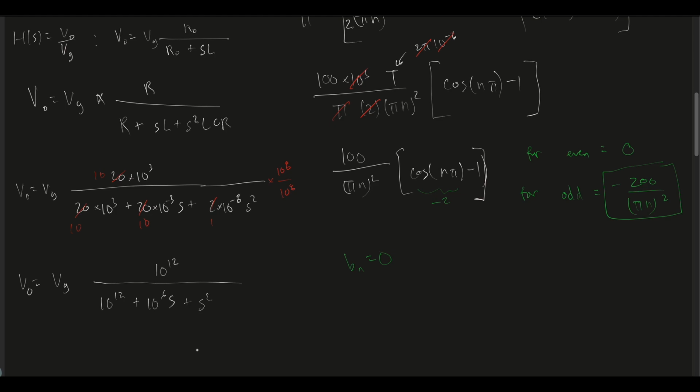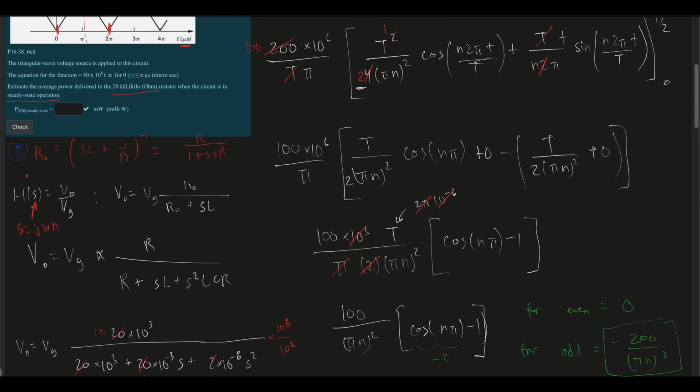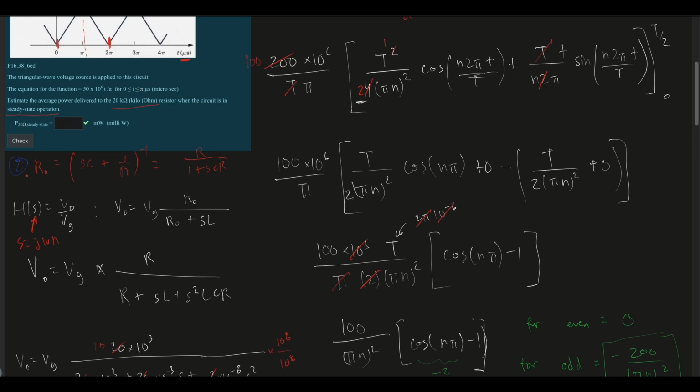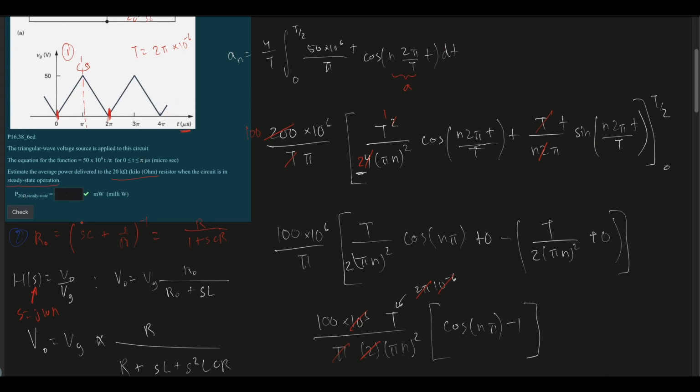Now, we need to convert this into the j omega n domain, right? We're basically going to set our S equal to j omega n. And our omega we know is 2 pi over the period, right? Well, our period is 2 pi times 10 to the negative 6.